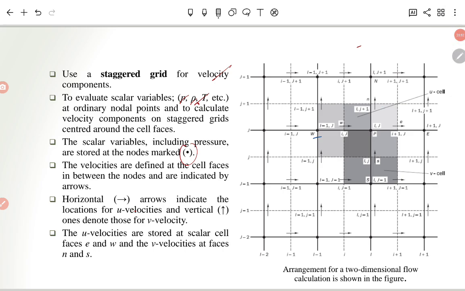Okay, for the momentum equation, since the velocity is staggered, a new notation based on grid line and surface numbering will be used. So refer to this figure.